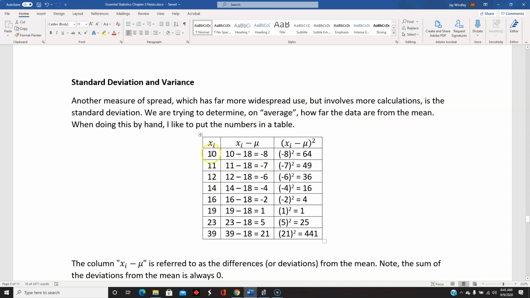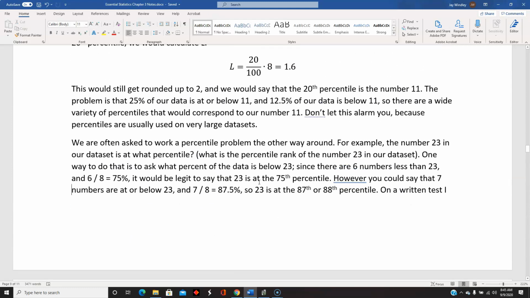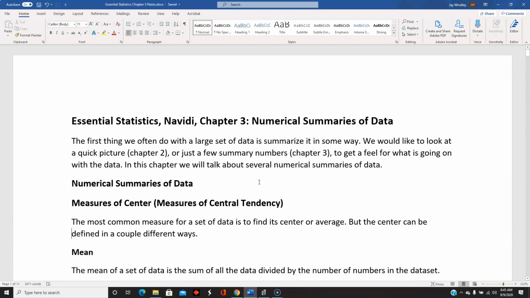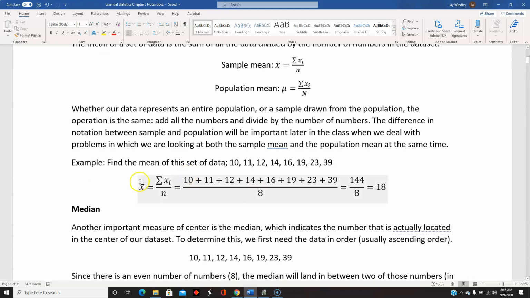So I've organized this in a table. I've first listed all 8 numbers in our data set. And remember, way back when, see if I can scroll all the way up. Way back when, we had figured out that the mean for this set of numbers is 18.